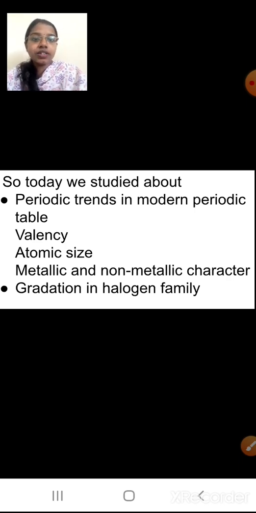Then we saw the gradation in the halogen family. Halogen family is nothing but which group elements? Group 17 elements. Okay students, they have a general formula of X2. We write it as capital X and 2; all the elements are diatomic.